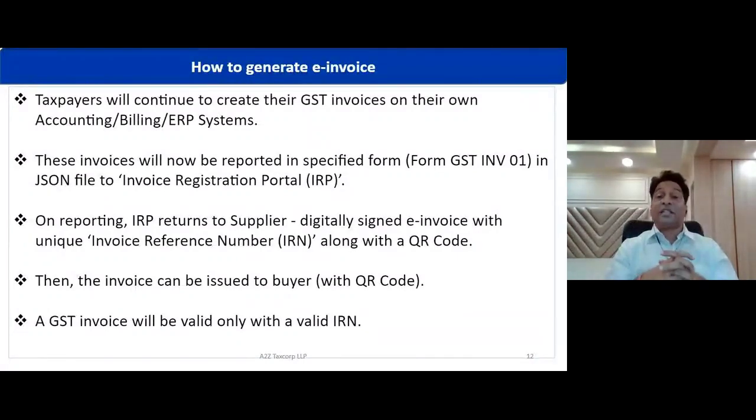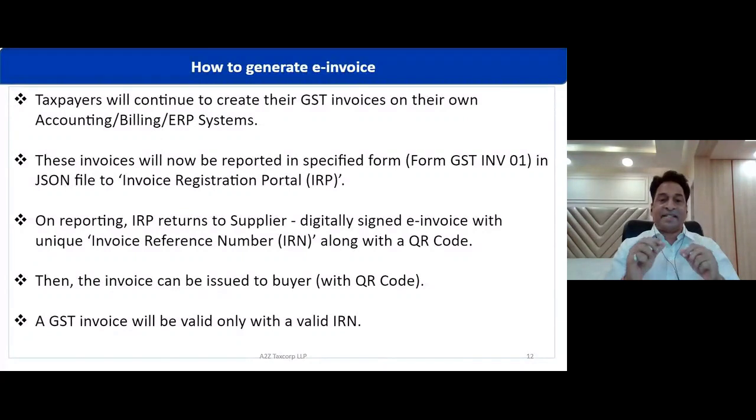This is called the E-Schema, and it would be in the form GST INV-01. Then it is converted into a JSON file. And the particulars are then uploaded in the JSON file to a dedicated government portal, which is called the Invoice Registration Portal.